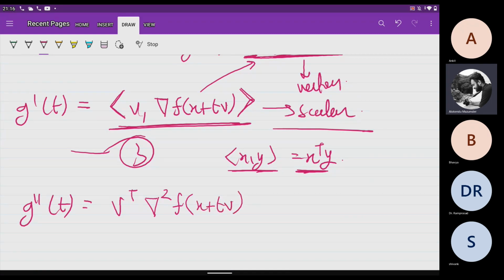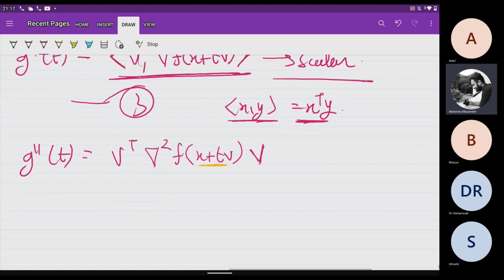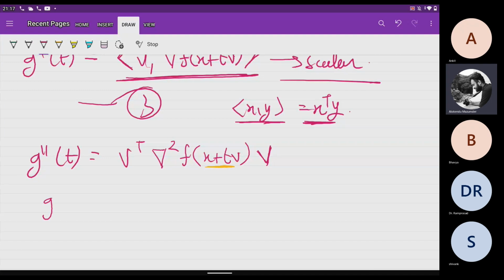Now again, I have to differentiate the inside term, so I will get a v over here. You got it? Does anybody have any doubt? No. Okay.